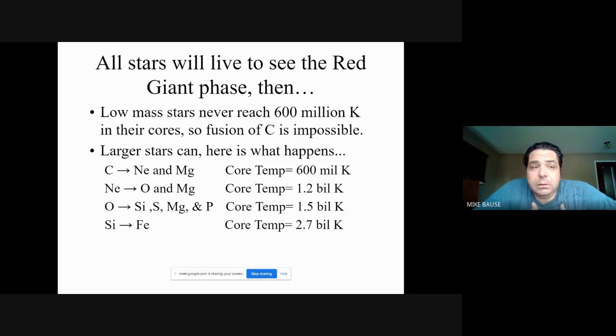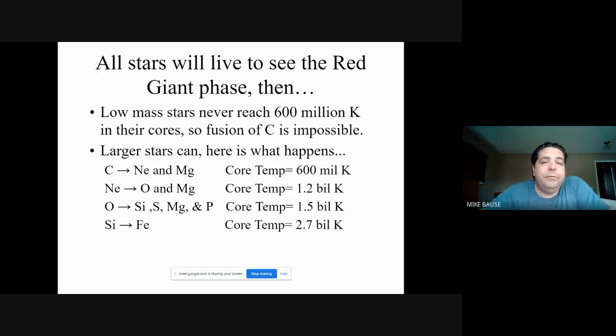Now, the sun, as well as all other low mass stars, will never produce enough pressure in the core to create a temperature that's hot enough for carbon to fuse with other carbon to make heavier elements. And that temperature happens to be 600 million Kelvin.